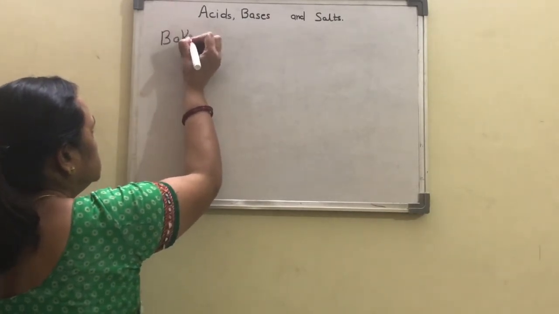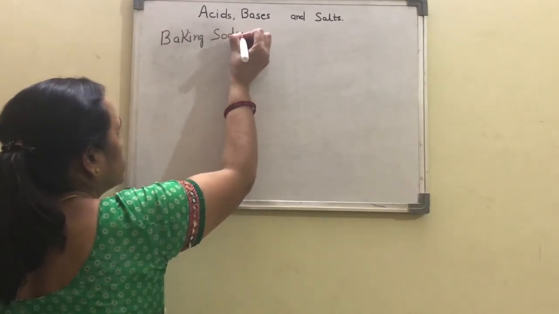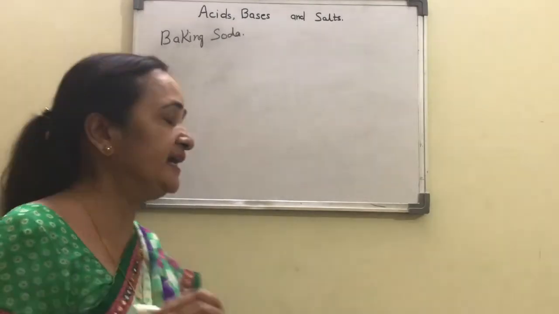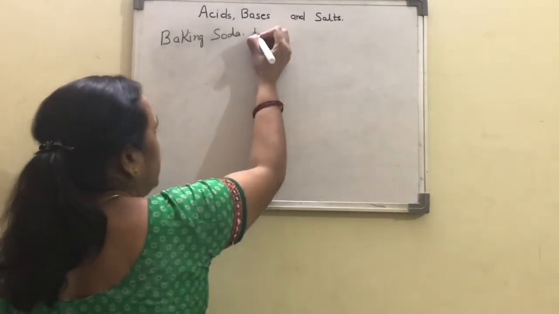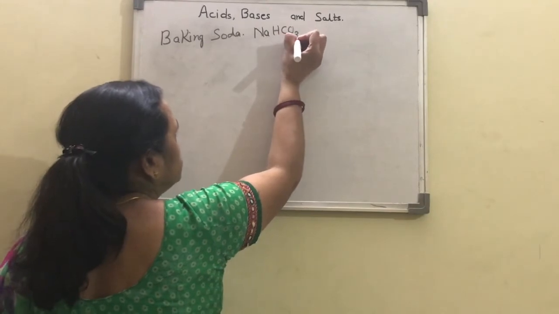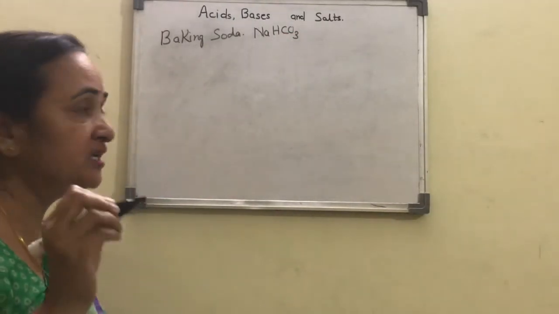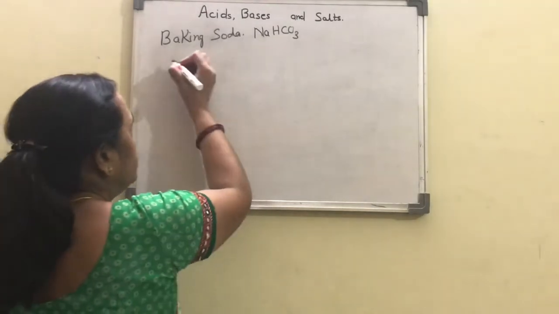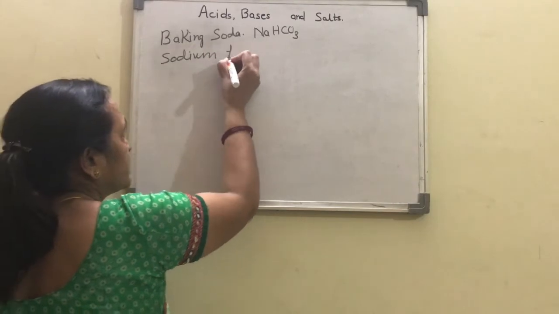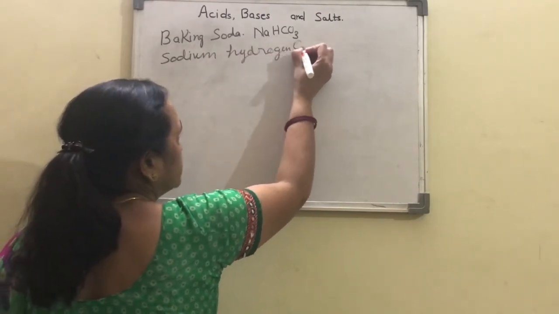First of all we should know its formula, that is NaHCO3. It is also known as sodium hydrogen carbonate. What is the other name for this? Sodium hydrogen carbonate.